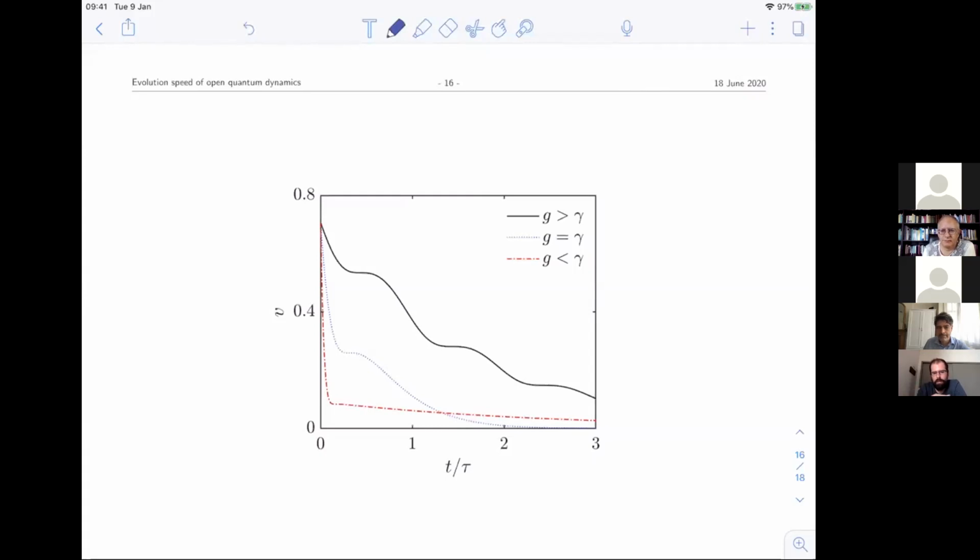I was wondering if you looked at other values of gamma and g. Right, so for the velocity, it's not very sharp. So it's very smooth. But for the other quantities you can examine, it becomes sharper. So it depends on what quantity one is looking at, but in the case of velocity, it's not very sharp. Thank you.